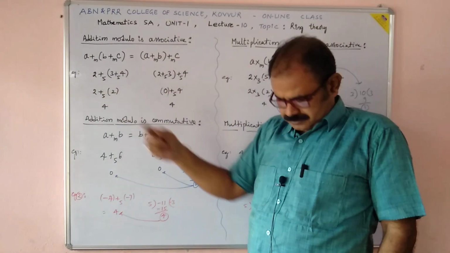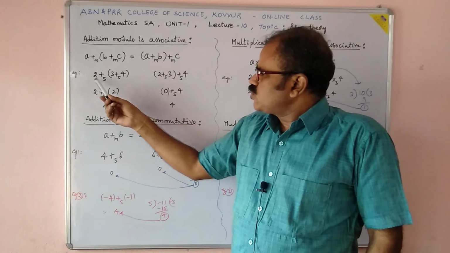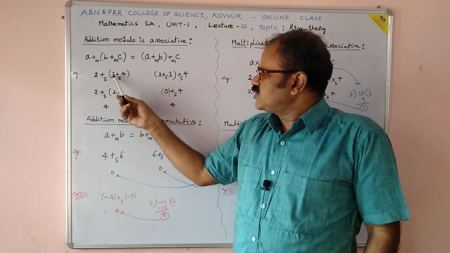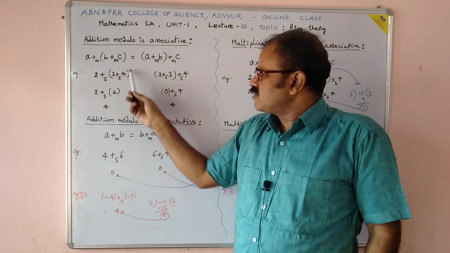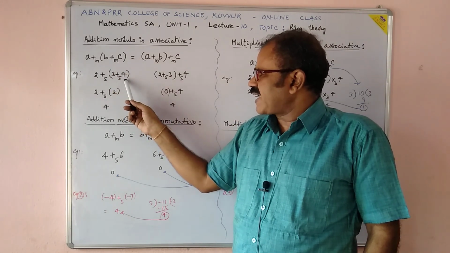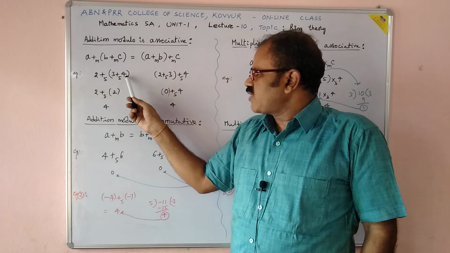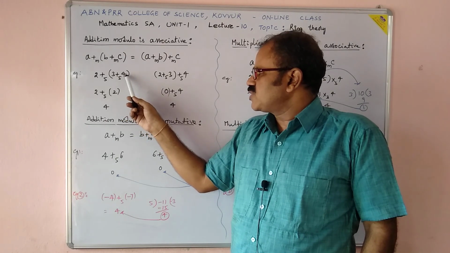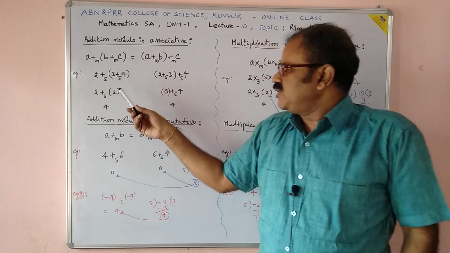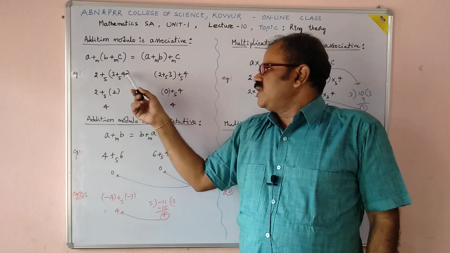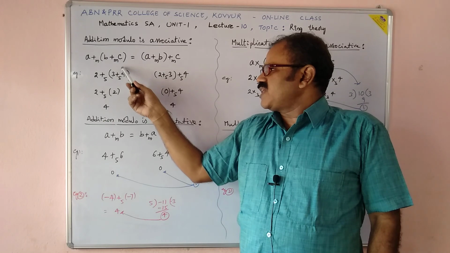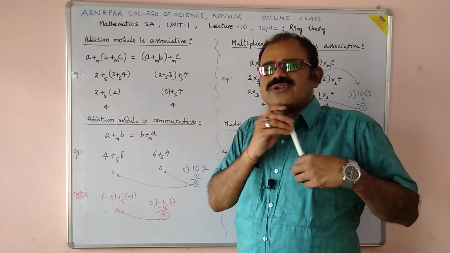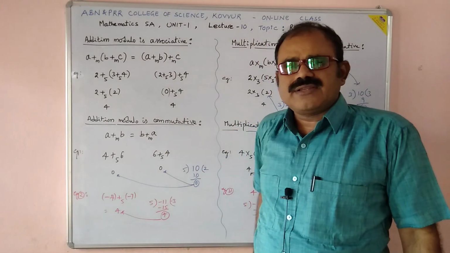Let us see. 2 addition modulo 5 (3 addition modulo 5 4). First, we should solve the thing in brackets: 3 addition modulo 5 4. As we know already, it means add 3 and 4. 3 plus 4 is 7.